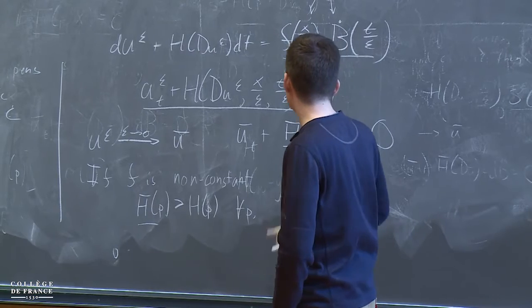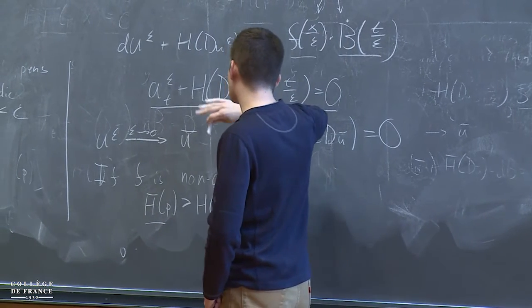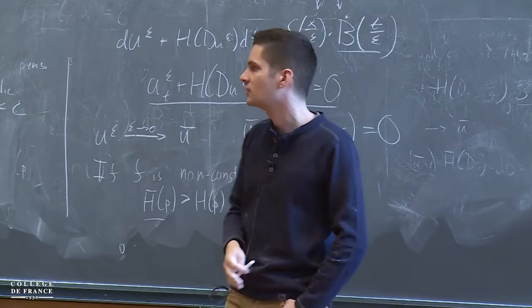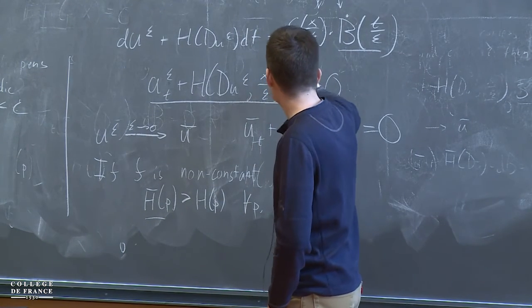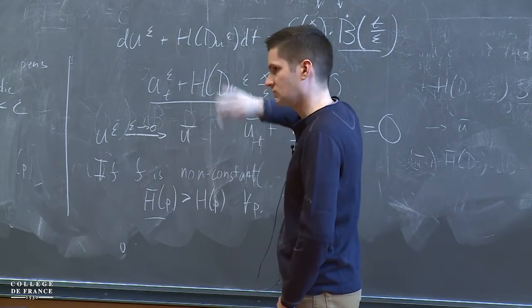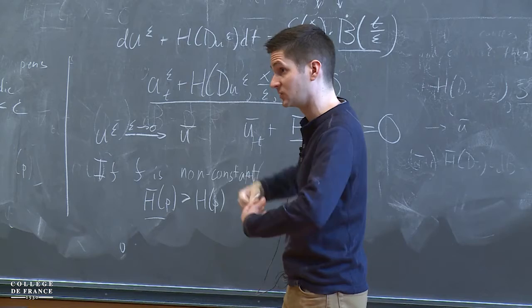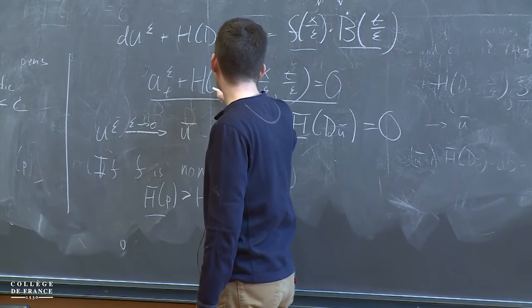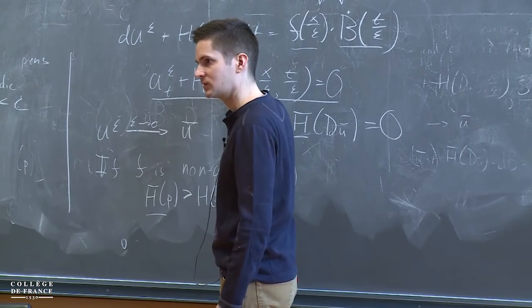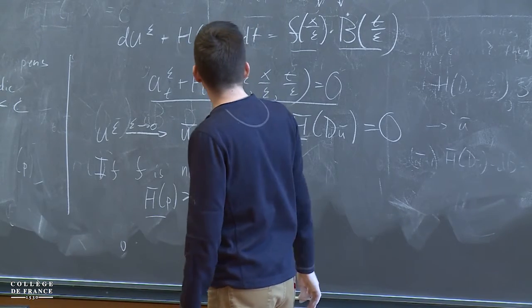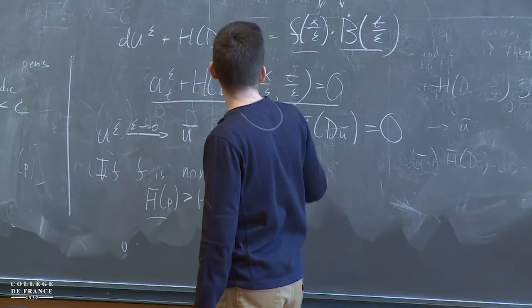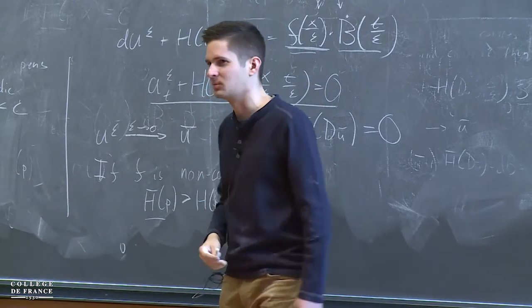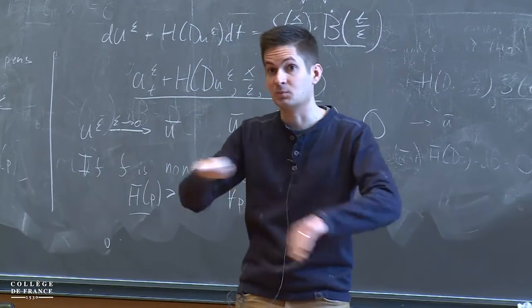Whether one can find a modulus of continuity for the viscosity solution that doesn't depend on the oscillations in space and time, which from the homogenization perspective is extremely important, something that only depends on the growth of the Hamiltonian in the gradient variable. Now, in my context, that would seem to suggest that I would want some regularity that only depends on the size of f, on the supernorm of f.